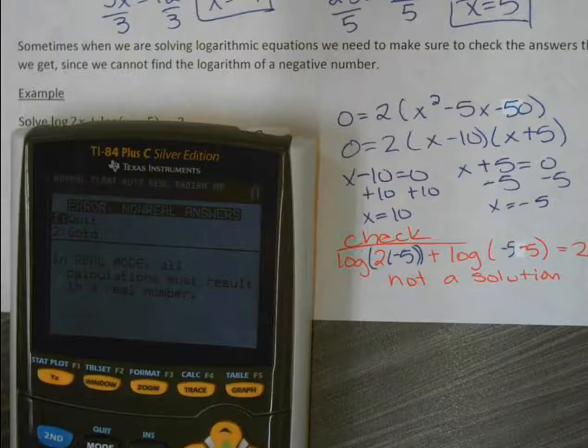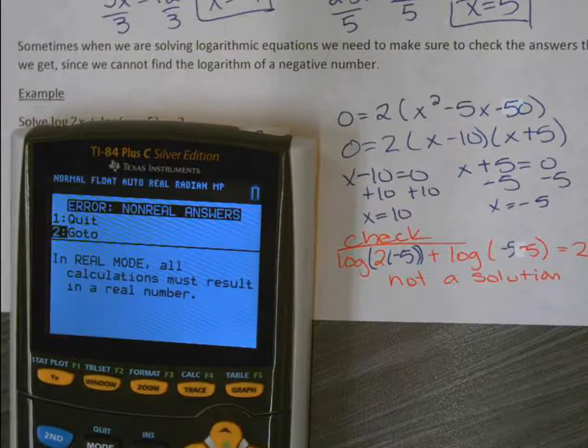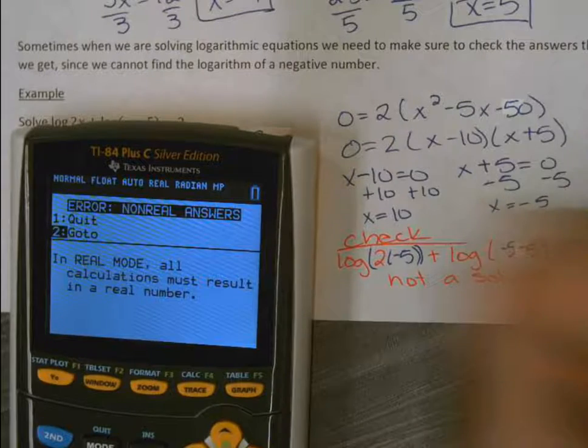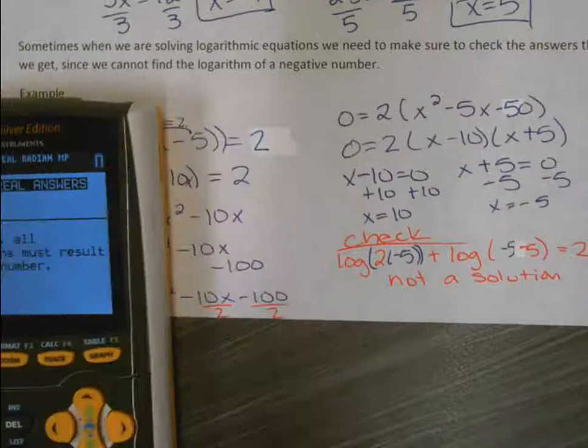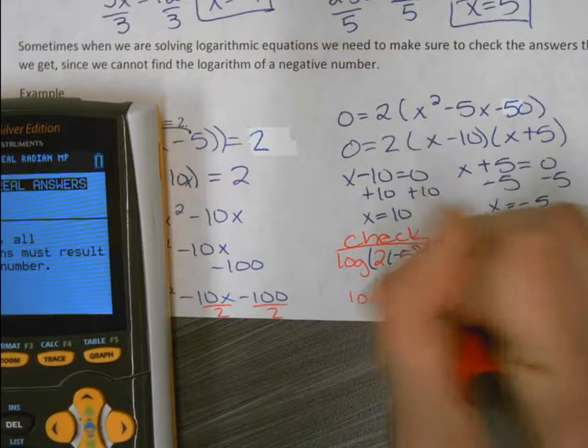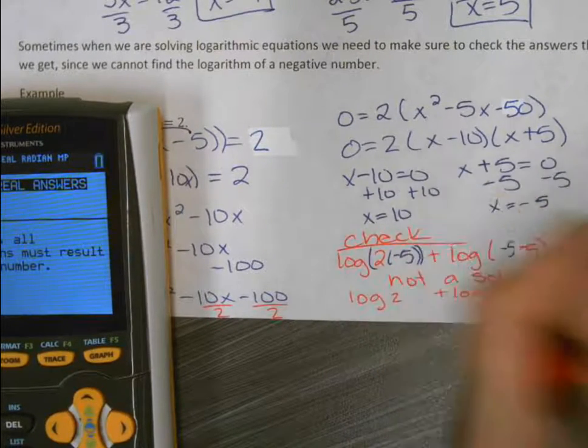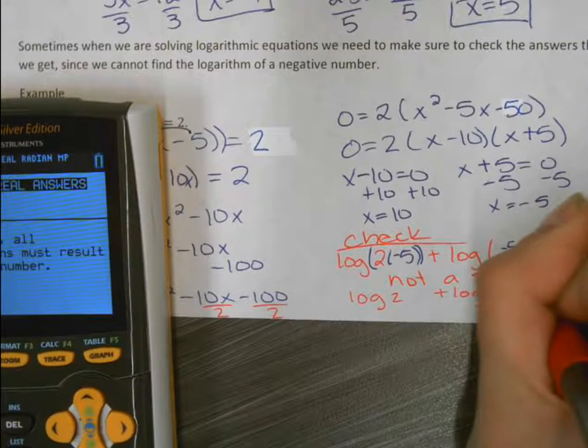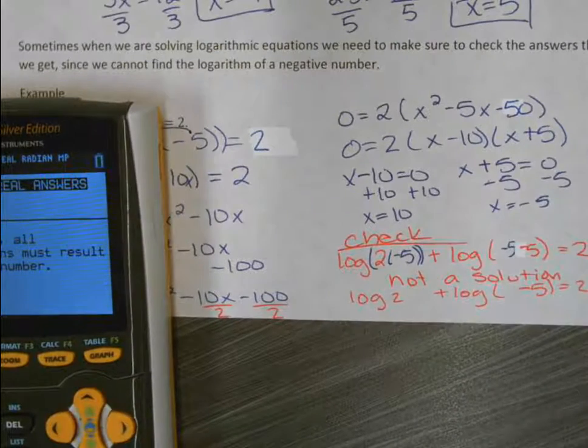If you plug in the 10, it'll work. I just wanted you guys to plug it in because I was running out of room. So it says error, non-real answer. That means negative 5 is not a solution, but if I go back and I plug in 10, it should work. We're almost done. I write that because that's part of the equation.